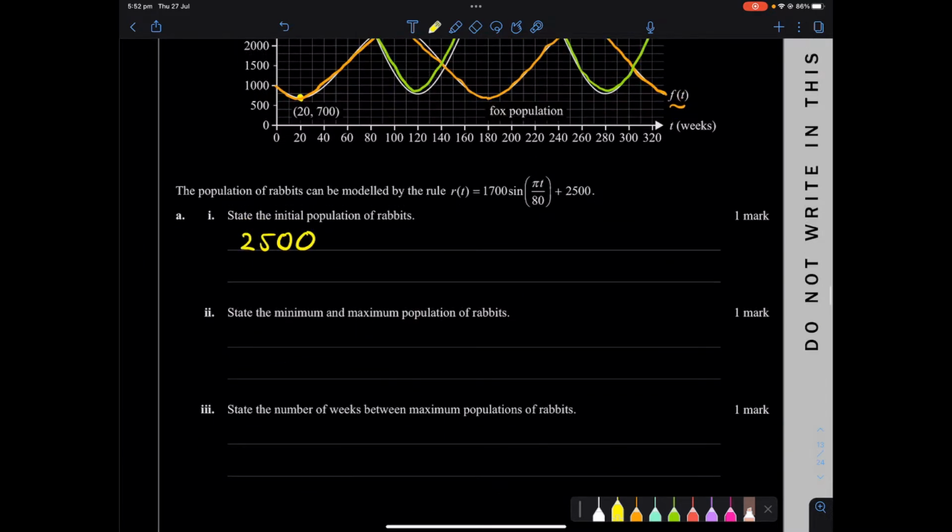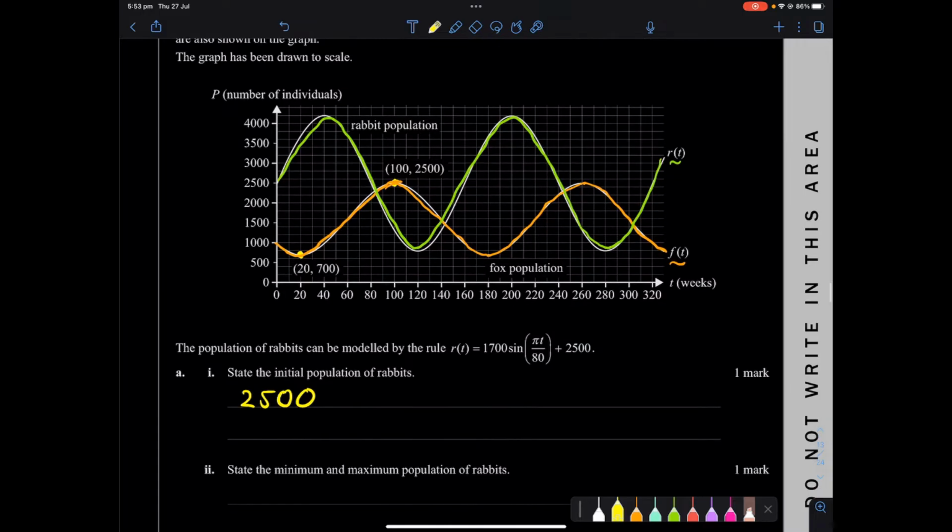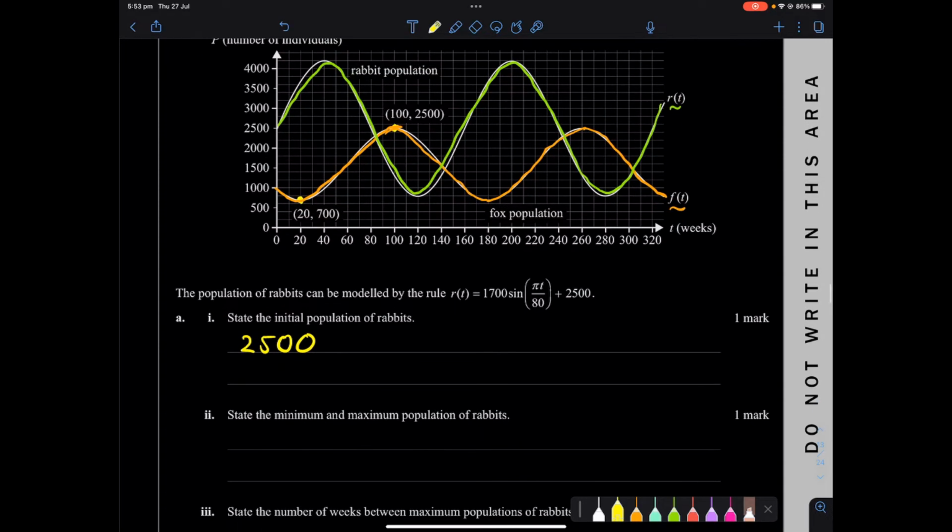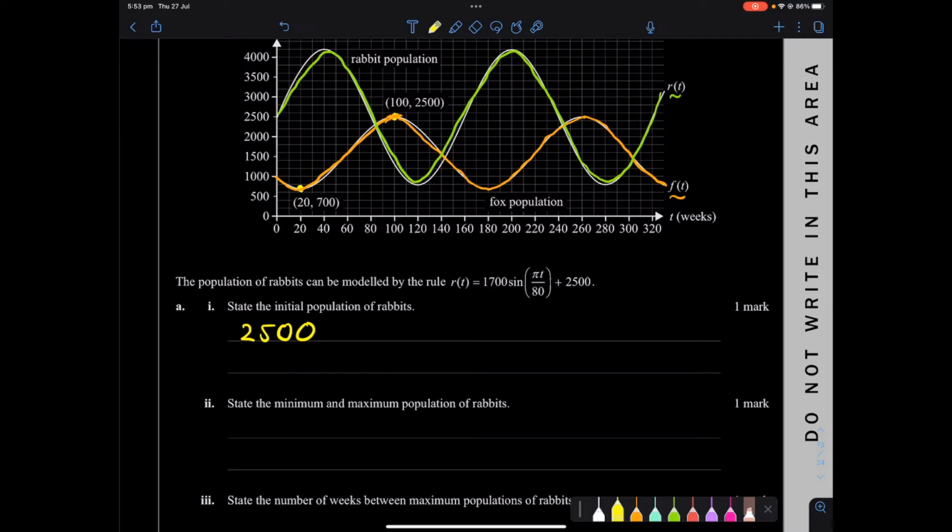State the minimum and maximum populations of the rabbits. Okay, so the maximum is over here, which is, not too sure. So we can check the maximum by adding this to this. So this is the rabbit, yeah.